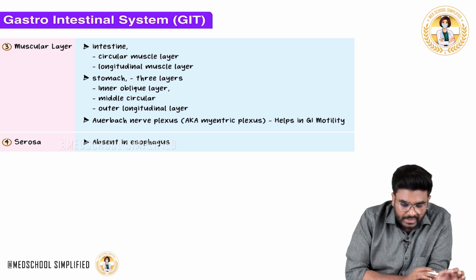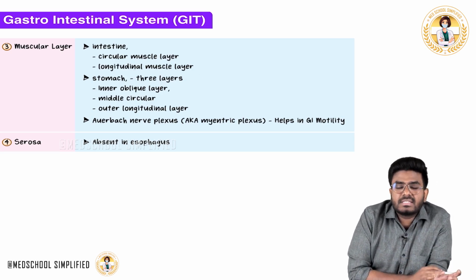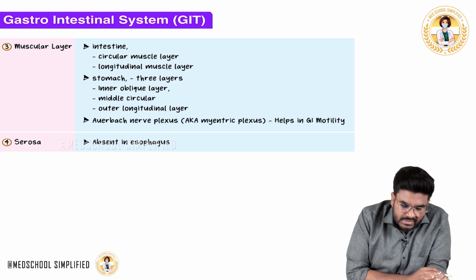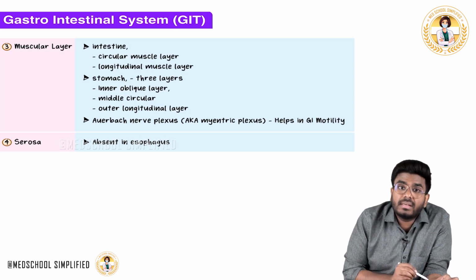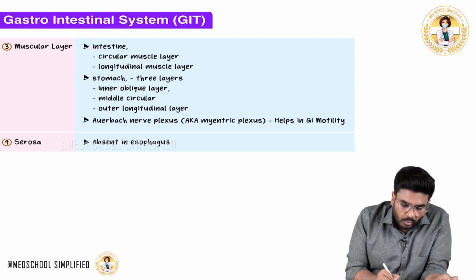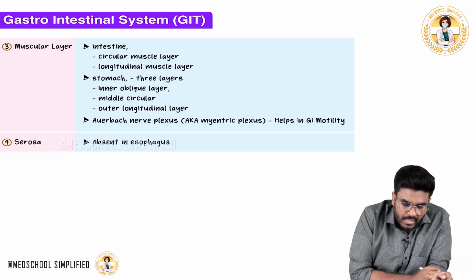But in the stomach, instead of 2 layers, there are 3 layers: an inner oblique layer, a middle circular, and an outer longitudinal. So the inner oblique layer is the extra layer present in the stomach.